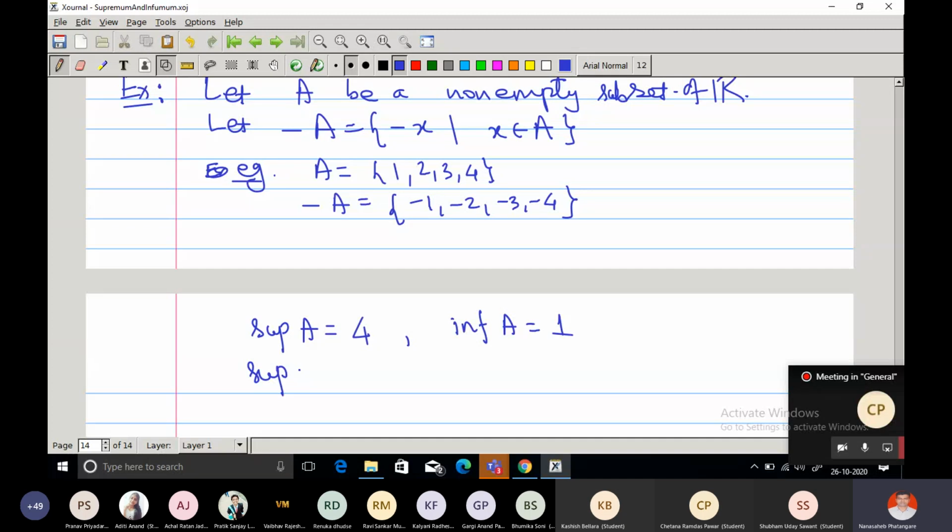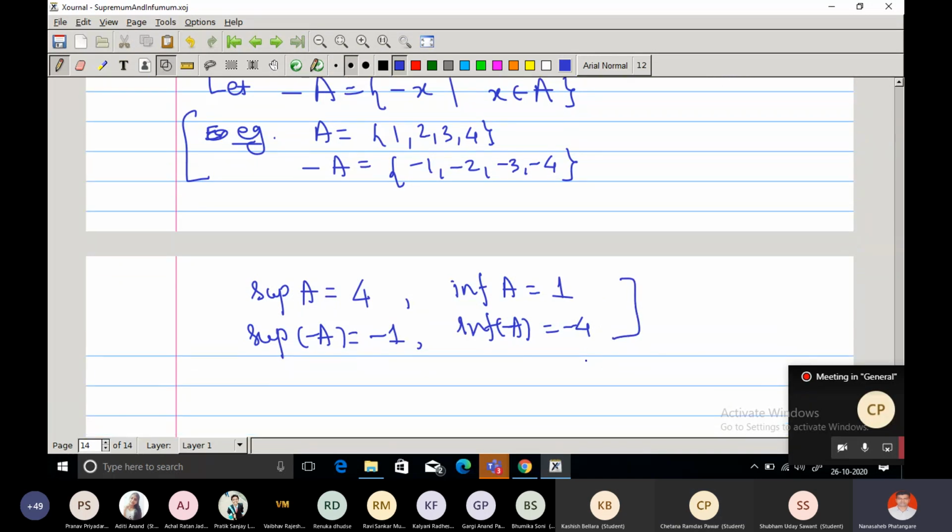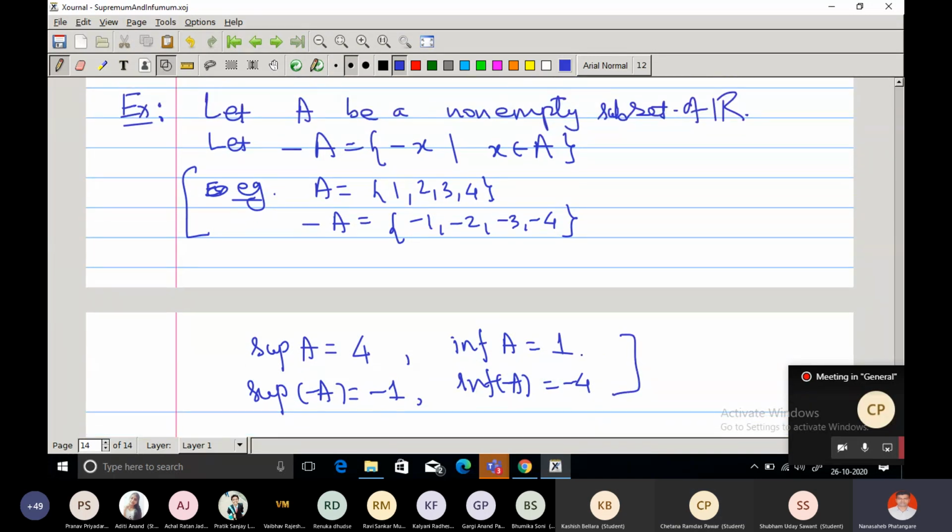What is the supremum of minus A? -1. And what is the infimum of minus A? -4. Okay, so this is just a simple example to understand, but what could be the general statement now?